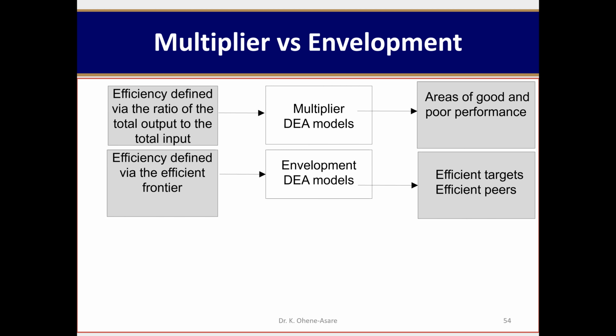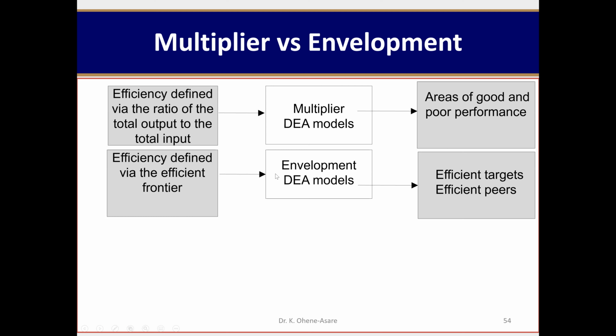In the multiplier model, efficiency is defined using a ratio of the total output to the total input, that is when you're dealing with output orientation, or a ratio of the total input over the total output for the input orientation. The key point is that it's dealing with ratios. That's the multiplier model. And where is it important? Well, it is crucial when you want to look at areas of good and poor performance.